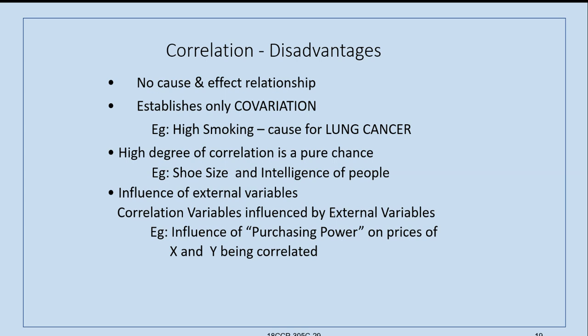If the item is very costly, how many people will purchase a 4 lakh television nowadays? If a television is costing 4 lakhs, how many people purchase? And if you make advertisement for such things, it will not have any effect.